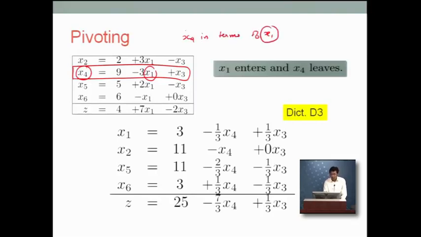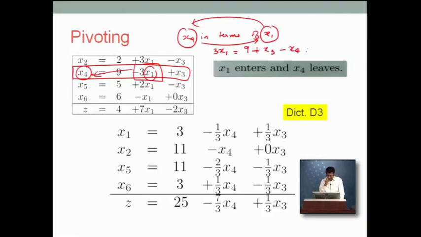The operation of pivoting just changes these two first of all. So we have to write x1 in terms of x4, so we can say 3x1, taking x1 to the right, is something like 9 plus x3 minus x4.